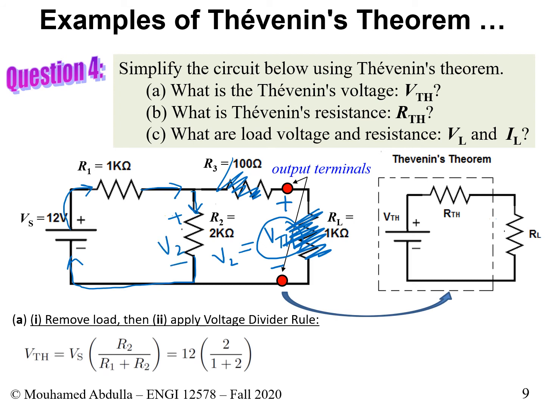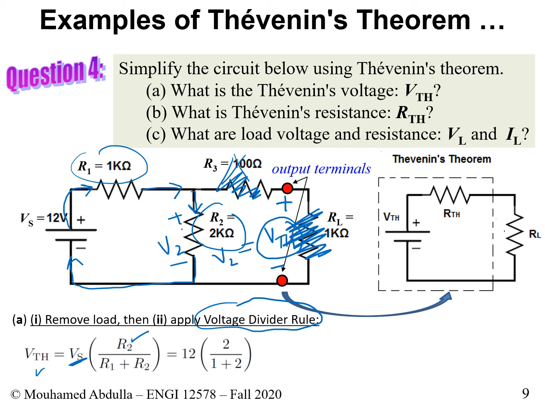To find V2, we can apply the voltage divider rule, and that's what we did here. VTH is equal to the source, Vs, times a ratio of the resistor where the voltage we are interested in is determined, R2, over the total resistance, R1 and R2. Be careful here. The total resistance is just R1 with R2, not R3.